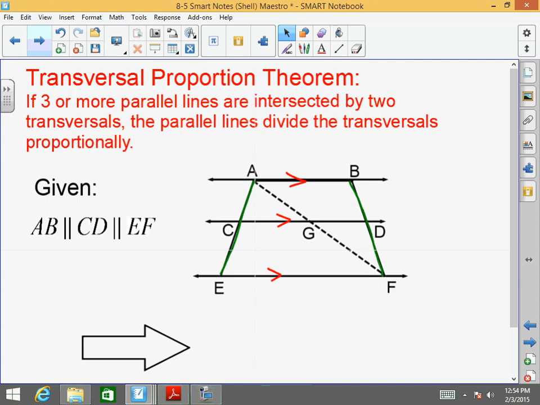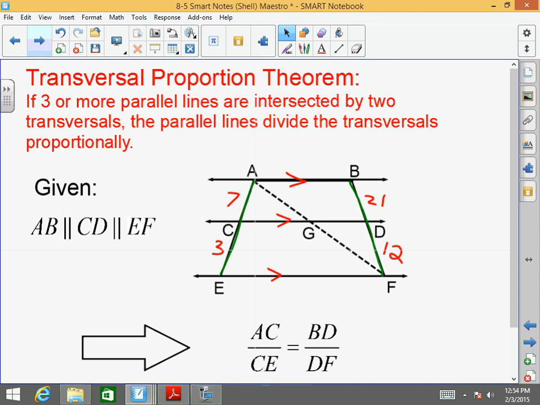So if this is the case, let's just put some random numbers. Let's put 7 and 3, and then let's make this 21 and 12. If AB is parallel to CD, which is parallel to EF, then AC to CE will equal BD to DF.